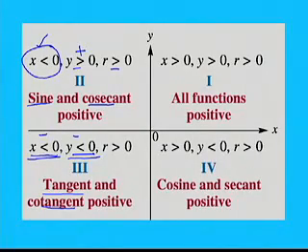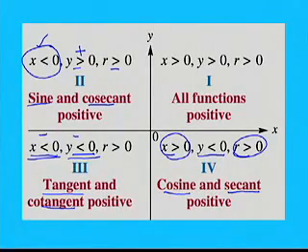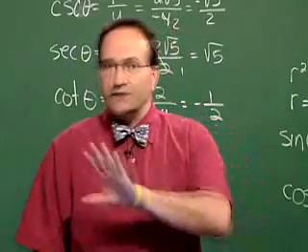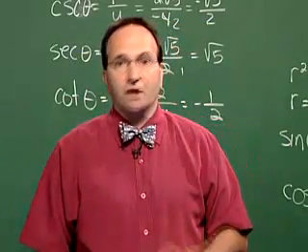And finally, in quadrant 4, y is negative. So that means cosine and its reciprocal secant, which involve x and r, are the ones which are positive in the fourth quadrant. Using that grid, we can see how the signs of all the trigonometric values are derived.